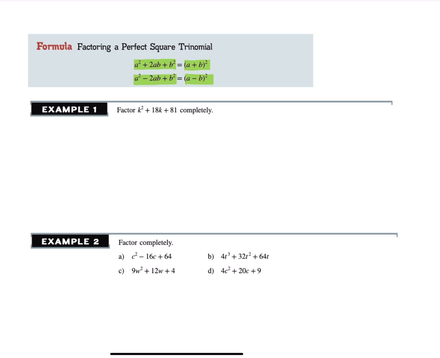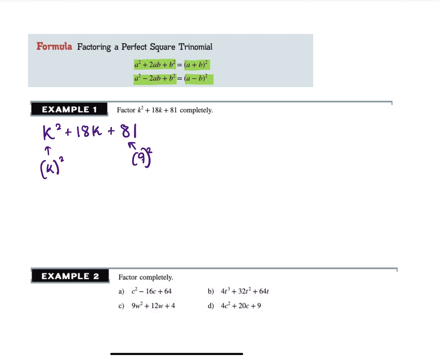So in the first example, we're given k squared plus 18k plus 81. The first way to check for this is to look at the first and last terms to see if they are something squared. Our first term we can write as k squared. And then that last term, 81, we'll have to recognize that this is 9 squared. 9 times 9 gives us 81.